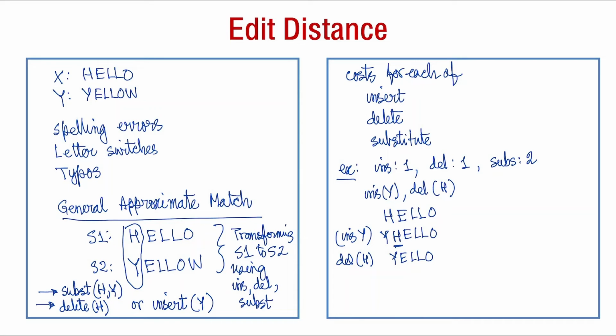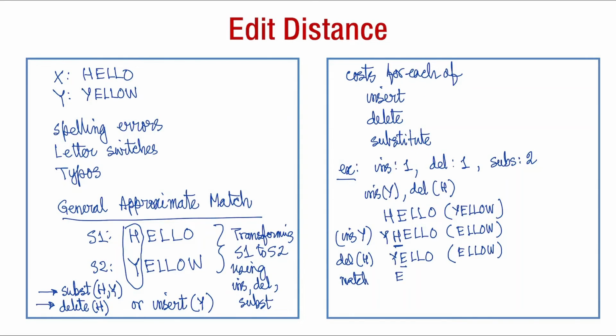Then I have a match with E and E, because here it was hello and yellow. Here I have inserted H, so I am now left with... Now once I have removed H and I am left with, now match.